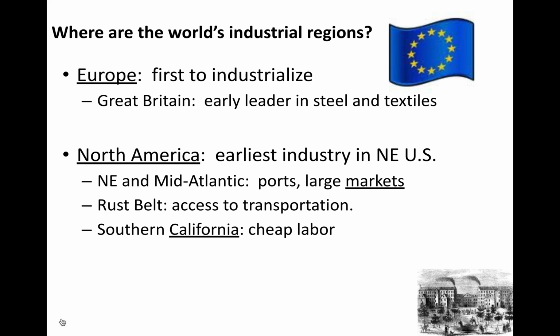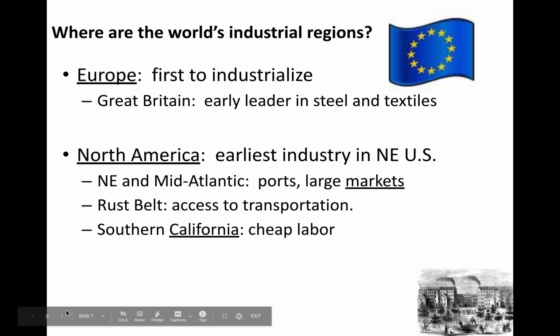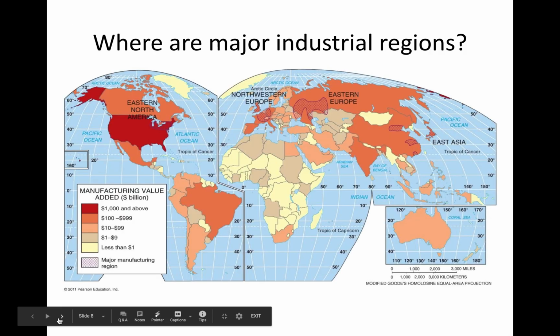Now we see a shift in industry to California, more specifically cheap labor for textiles, not industrial steel or manufactured output, but textiles, clothing, belts, carpets, etc. Here are the industrial regions.